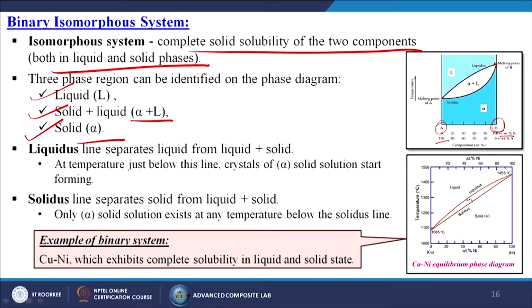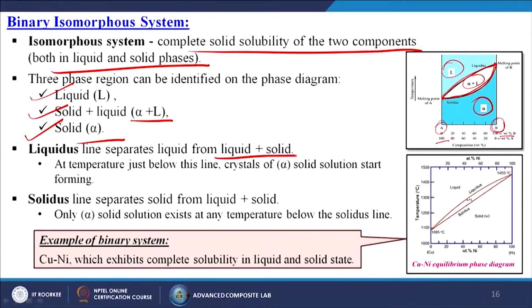Now, after mixing, if we heat the materials, this curve is known as the liquidus and this is known as the solidus. At the time of heating this curve will generate, and at the time of cooling this curve will generate. This is the liquid phase L, this is the solid phase alpha, and this is the combination of solid plus liquid, which is alpha plus L. The liquidus line separates the liquid from liquid plus solid.